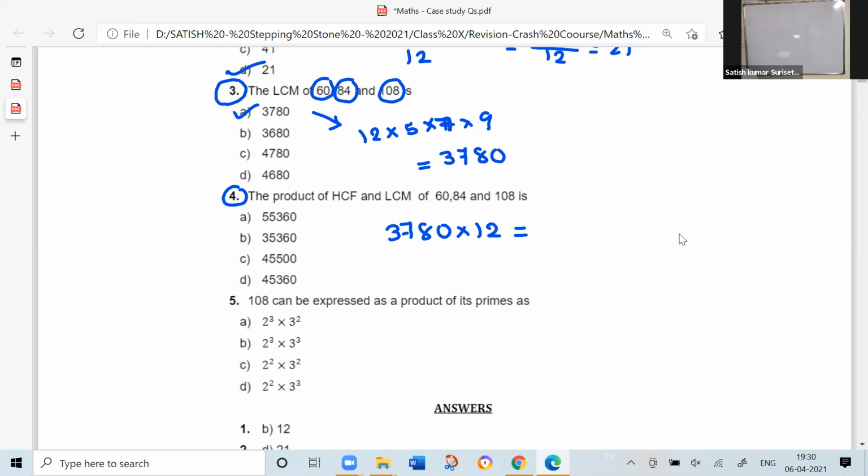So check the product and check which option it will coincide. So what's the correct option? D.